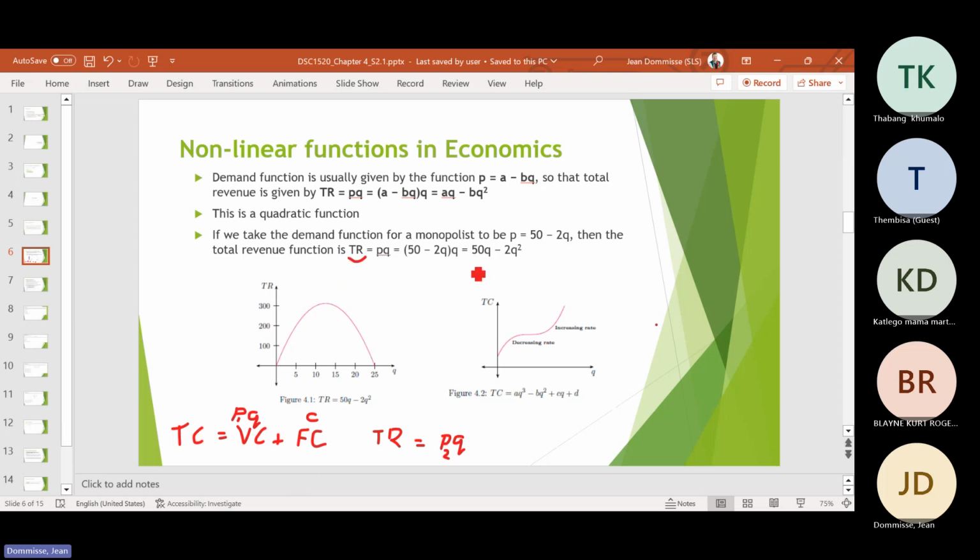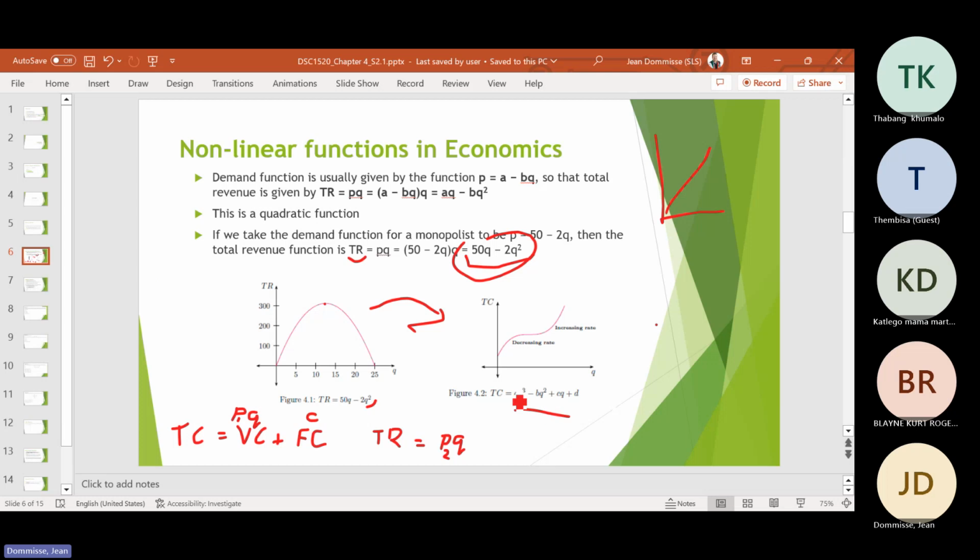When we get the information, you will see that your total revenue function is actually a parabola. So it is a nonlinear function. If we look at that function, it has a max point, it goes down, but that is your total revenue function, and it's not a straight line at all, because it has a q to the power of 2. Your total cost function looks a bit different.